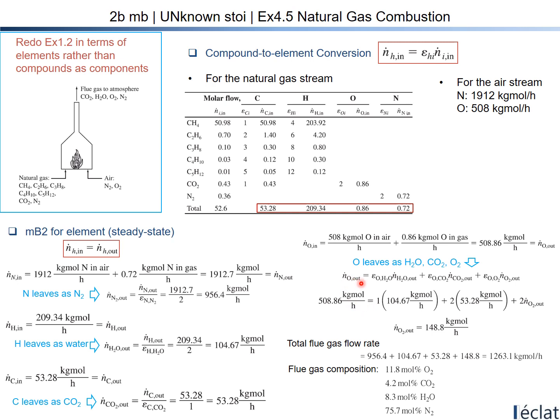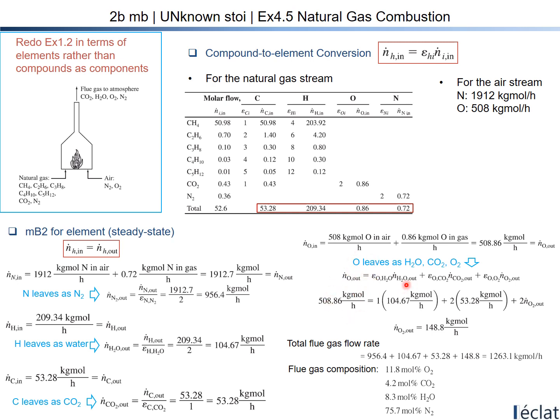I mean the output flow rate of oxygen atom is equal to the flow rate of water, and the flow rate of carbon dioxide, and the flow rate of oxygen. The summation of those three sources is equal to the total amount of oxygen atom in the upstream. So we know this value.